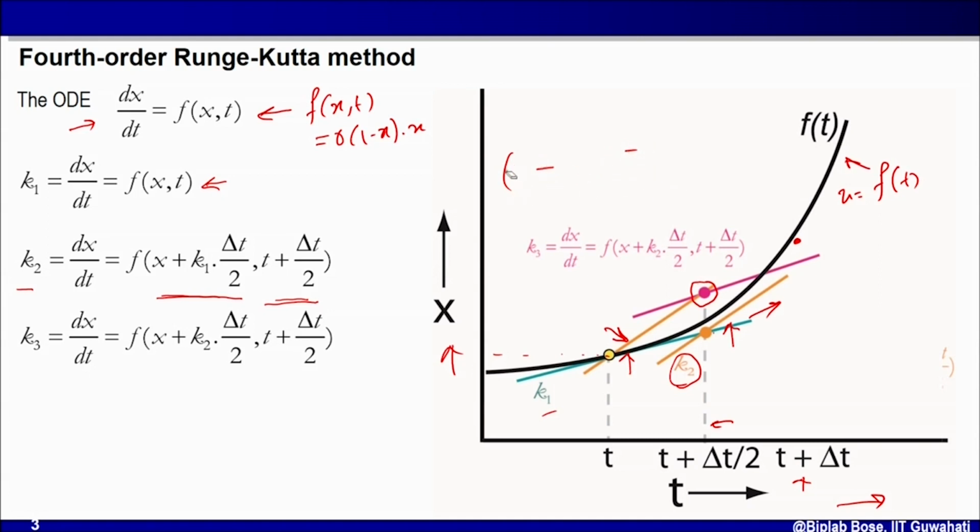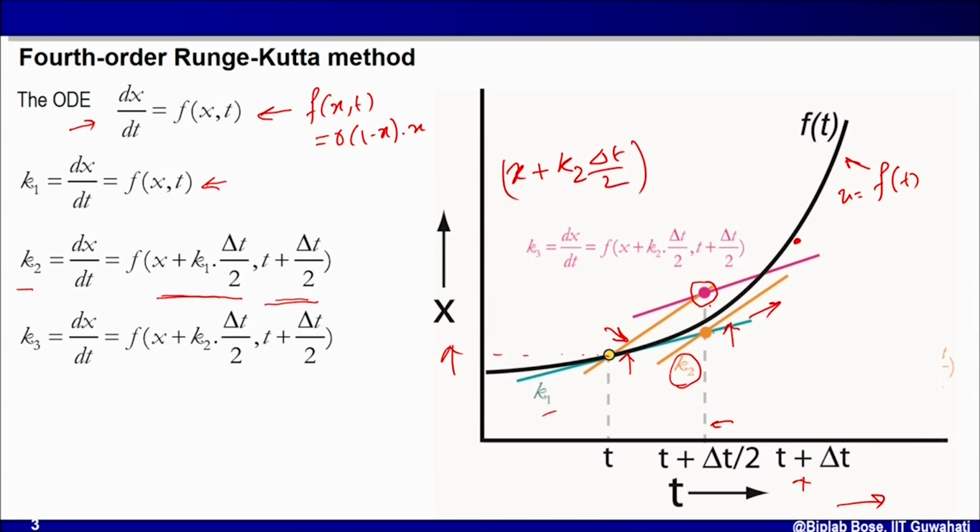What will be the value of x there? The value of x at that pink point will be x plus k2 into delta t by 2.